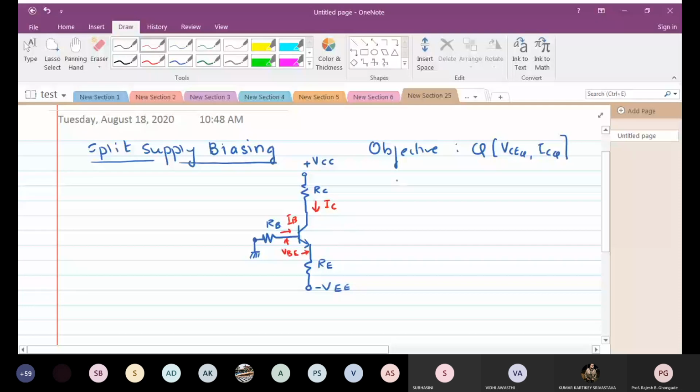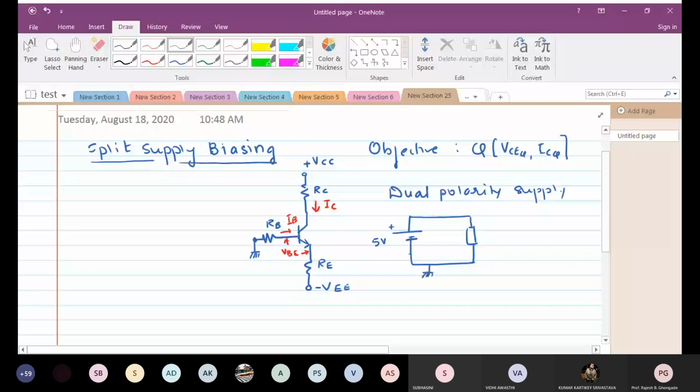Right. Now, first of all, let me tell you something about the concept of dual polarity supply. The usual supply that we normally have is like this. So whatever load we have here, let us say the voltage is 5 volts here, and this is the load. We normally call this ground.